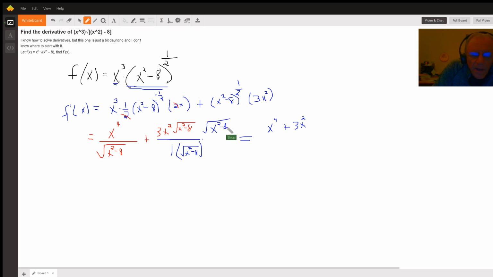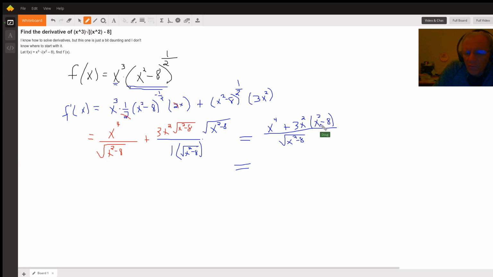And when I multiply radical x squared minus 8 times itself, I just get what's under the radical, under the square root symbol. And all over the common denominator, which is the square root of x squared minus 8. And finally, I can distribute the 3x squared times each term in the numerator.